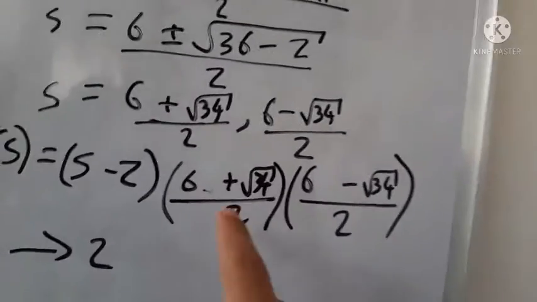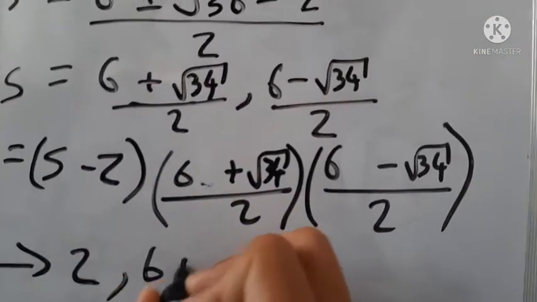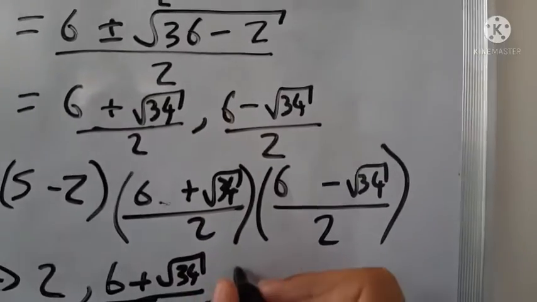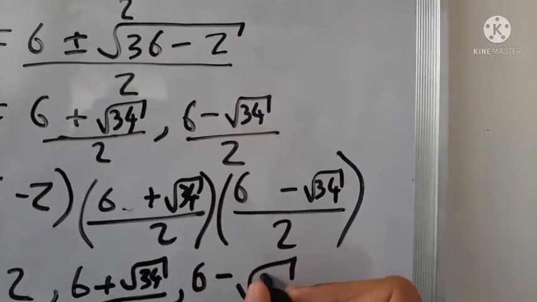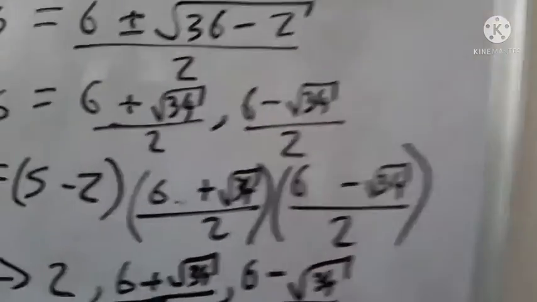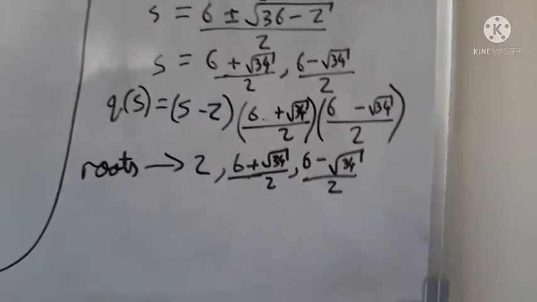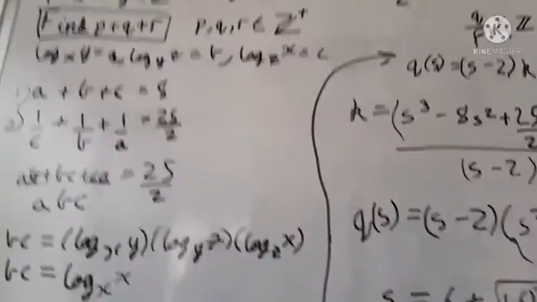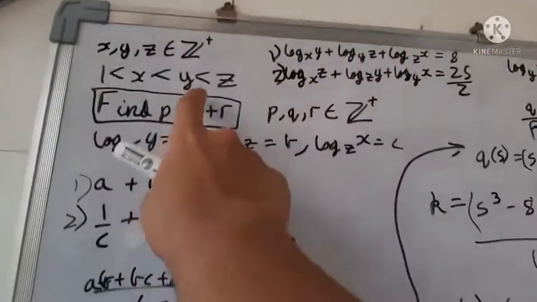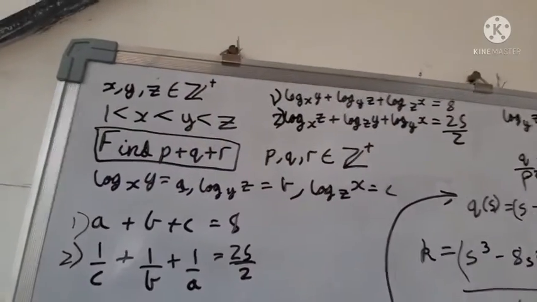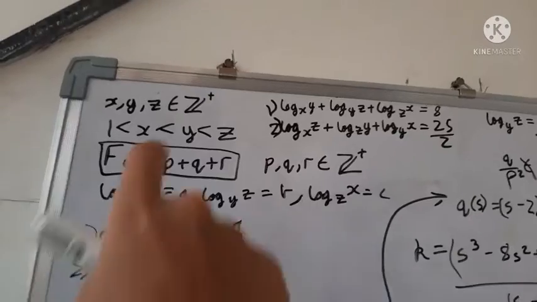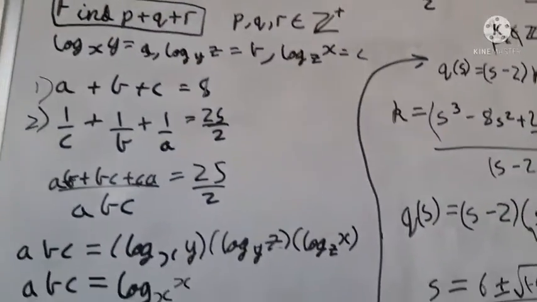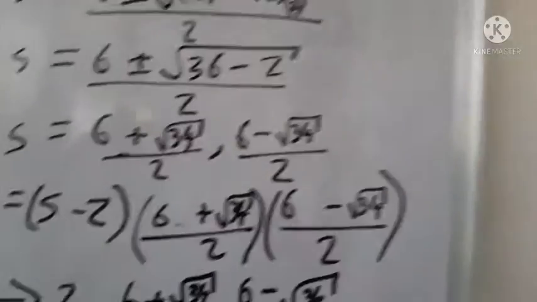Then the other root is 6 plus square root of 34 over 2, and then the third one is 6 minus square root of 34 over 2, right? Okay, and we've been given these inequalities. So okay, I think we can say that, what is this?